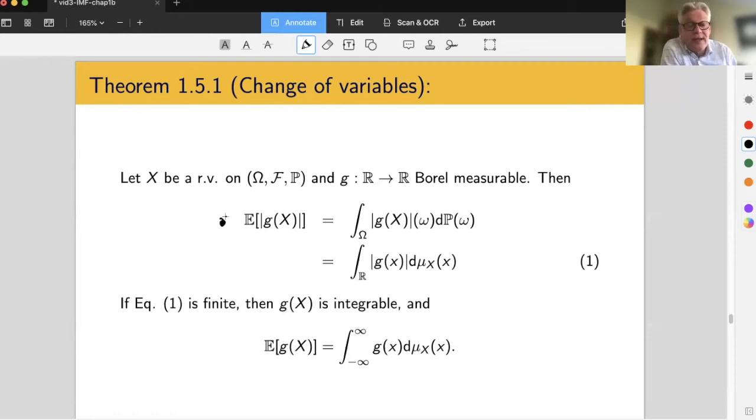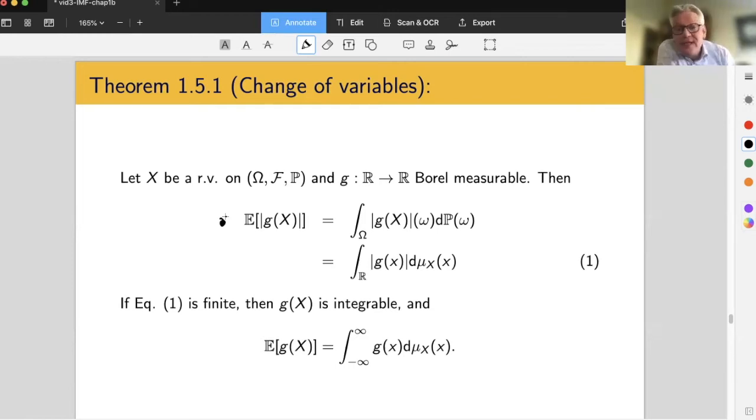And moreover, then the expected value of g(X) is defined as the integral from minus infinity to infinity of g(x) dμ_X(x). So here we are integrating over an abstract space, and the theorem tells us that this can be achieved by integrating with respect to the distribution measure.